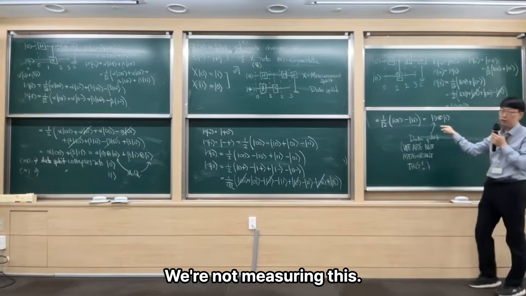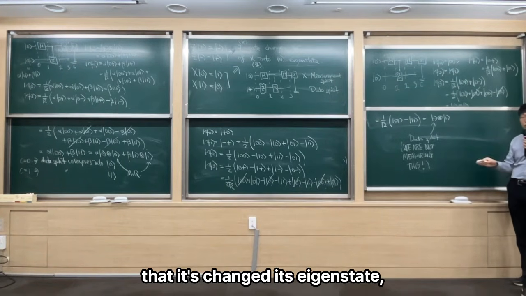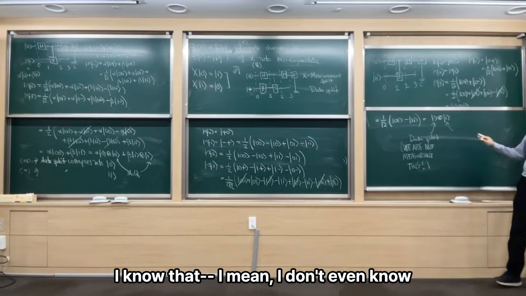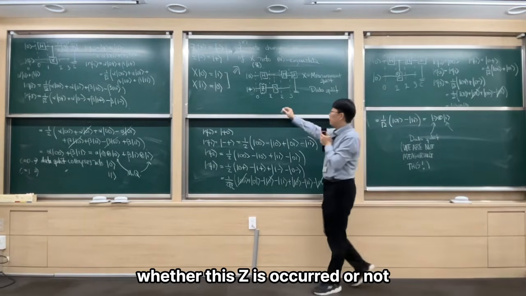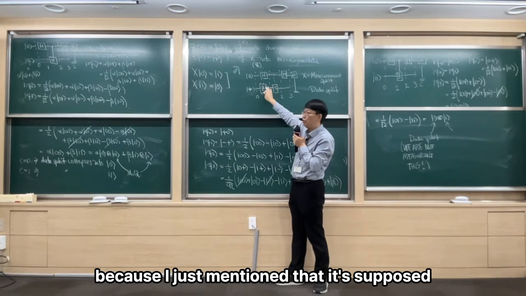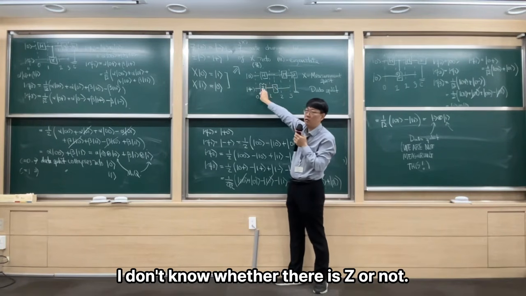We kind of know by computation that its eigenstate has changed. The eigenvalue is changed. How do I know that? I don't even know whether this Z occurred or not, because I just supposed that there is a Z gate, but in real life, I don't know whether there is Z or not.